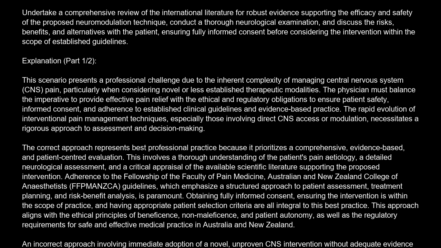Obtaining fully informed consent, ensuring the intervention is within the scope of practice, and having appropriate patient selection criteria are all integral to this best practice. This approach aligns with the ethical principles of beneficence, non-maleficence, and patient autonomy, as well as the regulatory requirements for safe and effective medical practice in Australia and New Zealand.